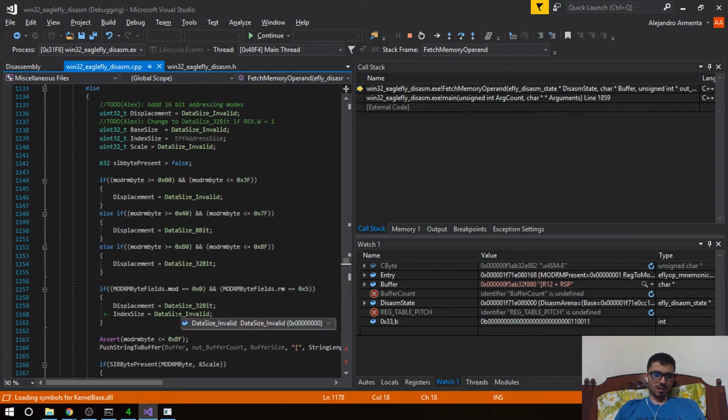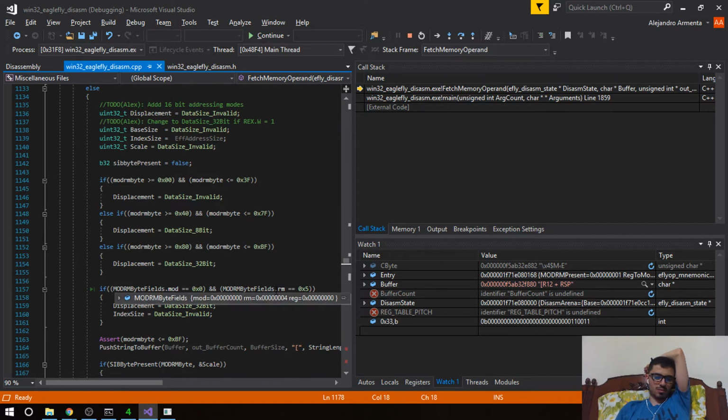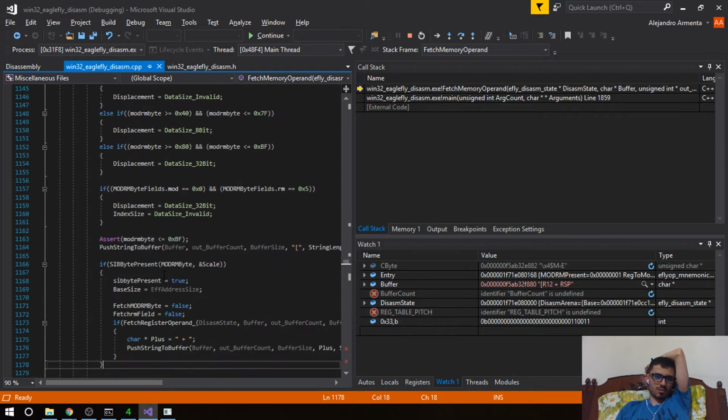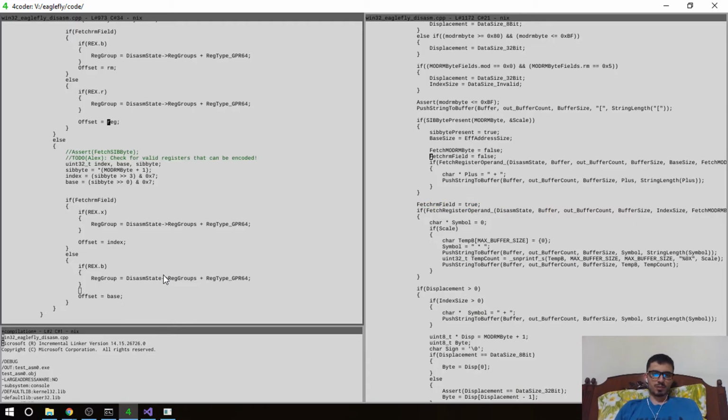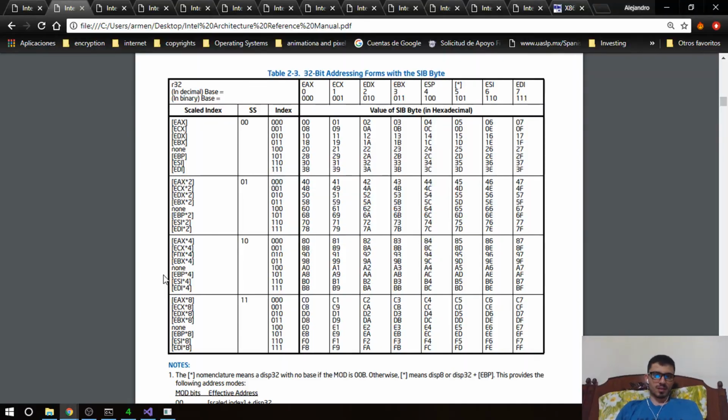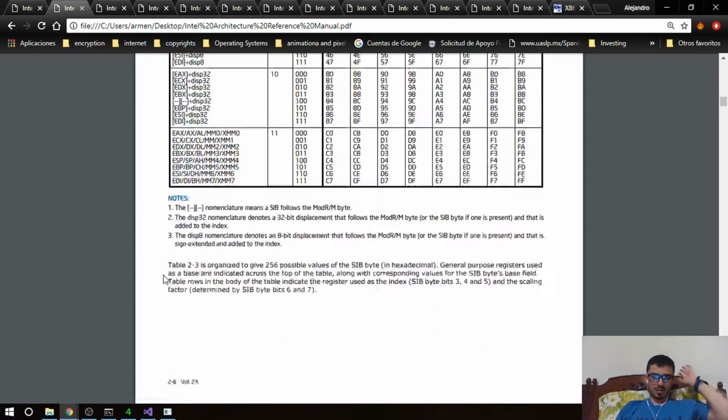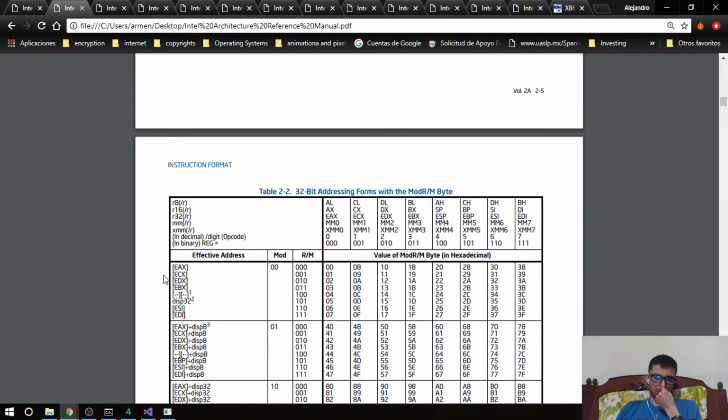We just say that if the mod is on the... I mean, for this particular case, we get 04.